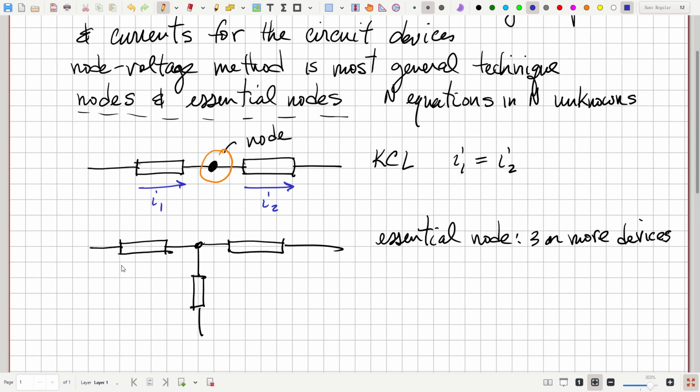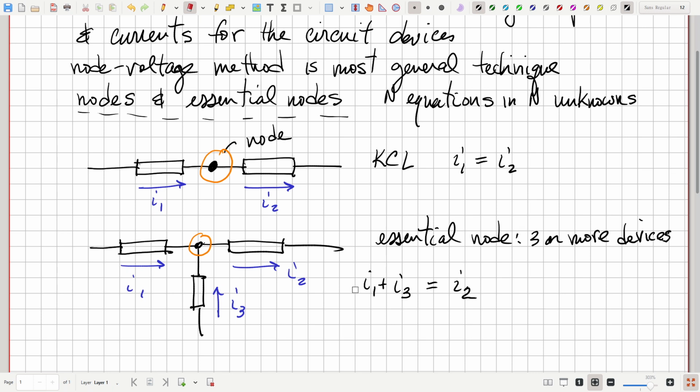And in this case, let's say this is current I1, this is current I2, and this is current I3. Well, now at this node, KCL is not so trivial. The sum of the currents flowing in, I1 plus I3, is equal to the sum of the currents flowing out, which is just I2. So that's not simply that the 2 currents are equal, but an algebraic relationship. This is a non-trivial equation, and that's why we focus on essential nodes.